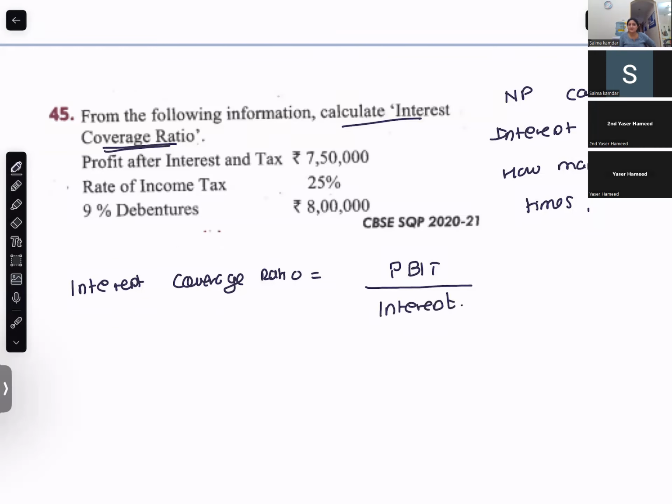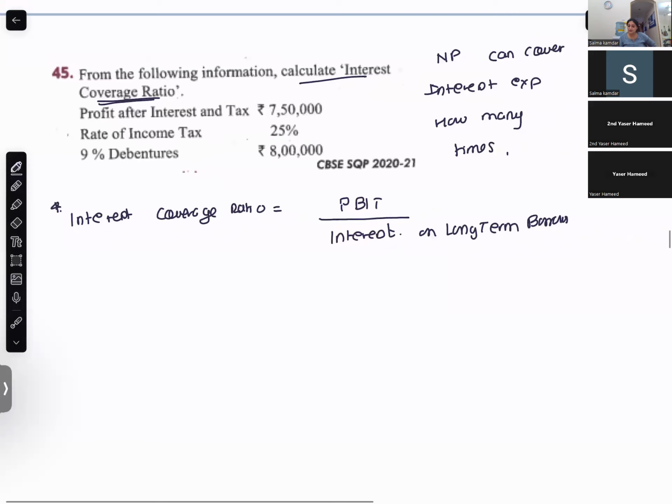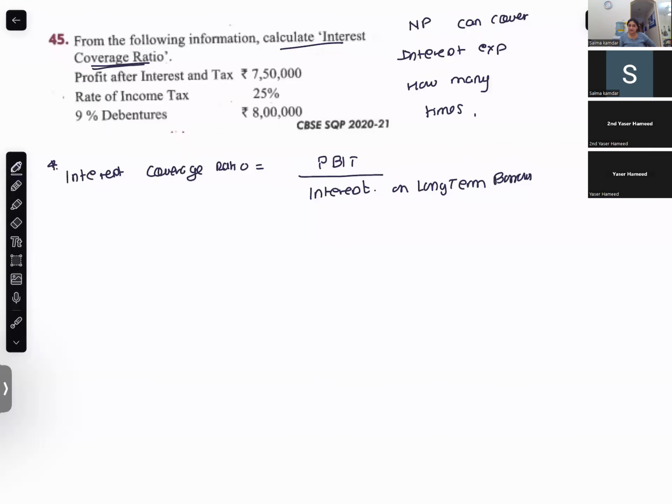But this will be interest on what? On long-term borrowings. So when I talk about the interest coverage ratio, it is profit before interest and tax upon interest on long-term borrowings. Now I should know how do I get the profit.